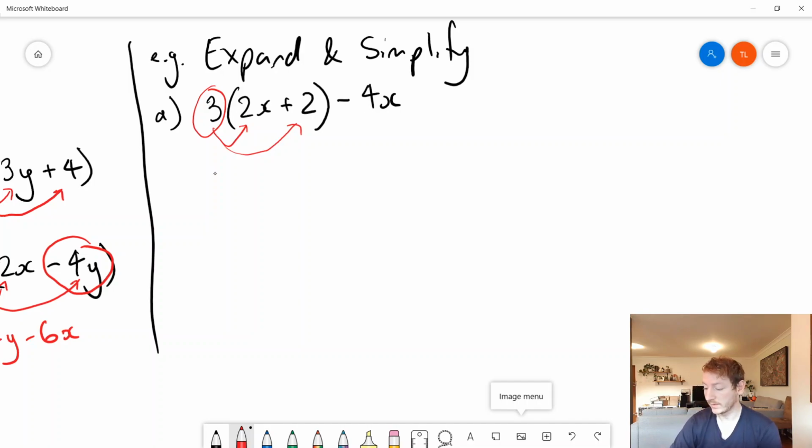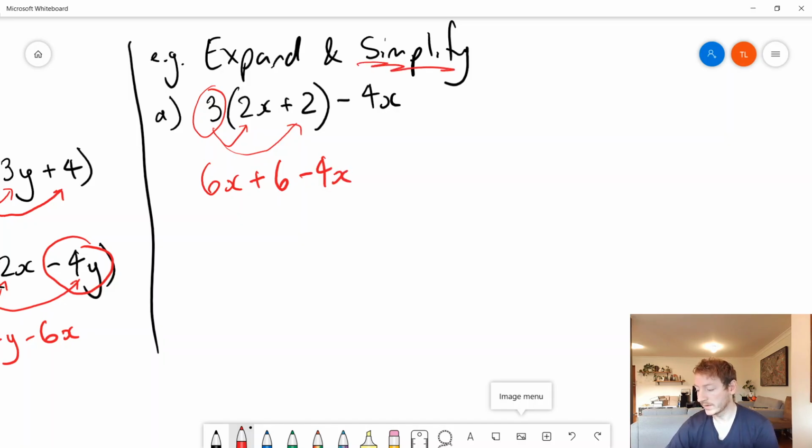So 3 times 2x gets me 6x. Very tempting to write 5x. I don't know why, but this seems to be the most common mistake. We know it's multiplication, but everyone just adds when they see 3 and 2. So 3 times positive 2 is positive 6. And then I just write minus 4x.